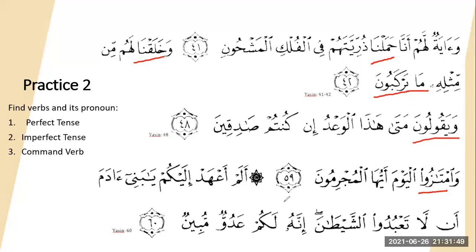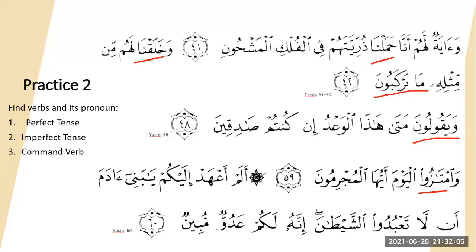Mujrimun is actually the isim fa'il, with a mu in front. Whenever you see mu, you try to say whether it's isim fa'il or isim maf'ul, active or passive. You see the second letter, ra, has a kasra, so it's active.